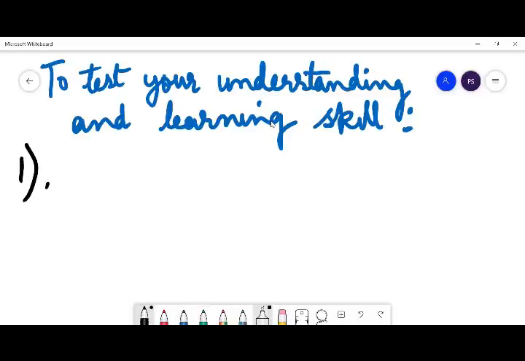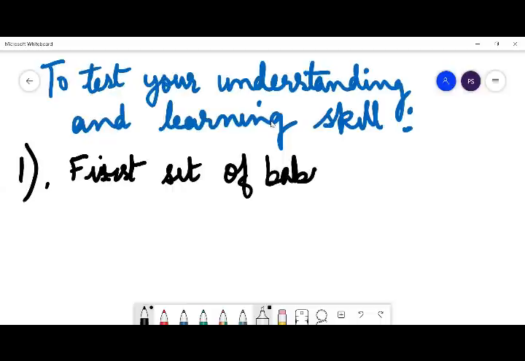Question number 1 is, the first set of baby teeth is called what?